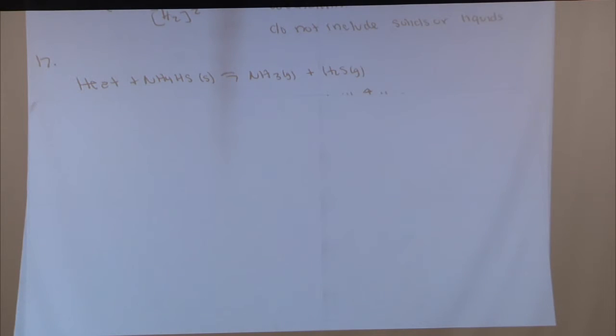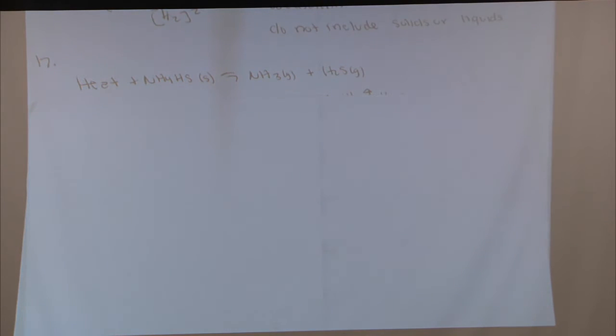And so the answer choice B says an increase in the amount of NH4HS in the reaction vessel. Well, that's a solid. So the solids are not going to have an effect in regards to Le Chatelier's principle, because that's what this is. So B is not going to be the answer choice.